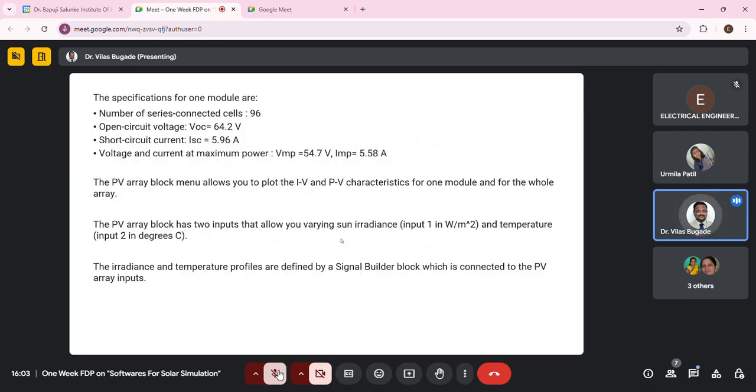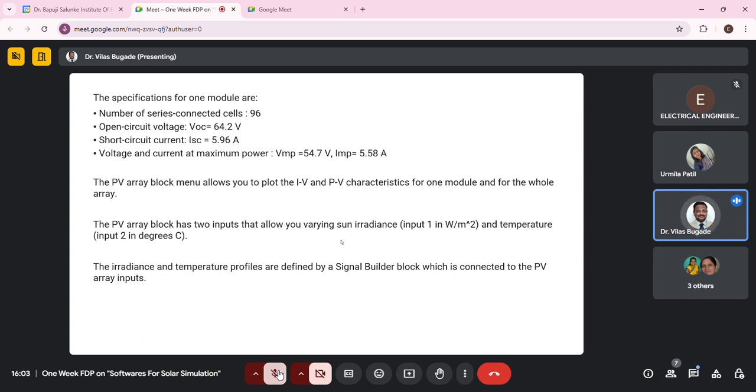Here are some specifications for one module. The number of series connected cells is 96, which have an open circuit voltage of 64.2 volt and a short circuit current of 5.90. These we need to set in the simulation, and then we can calculate the other parameters of the solar PV output.